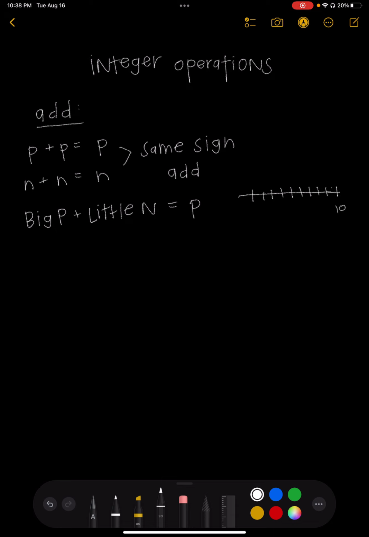Adding negative 3 is the same thing as subtracting 3, so it would just go backwards, 1, 2, 3. When I go backwards 3, I get to 7, which means that my answer ends up being positive.